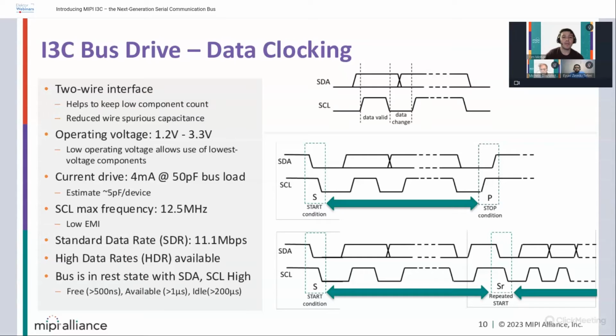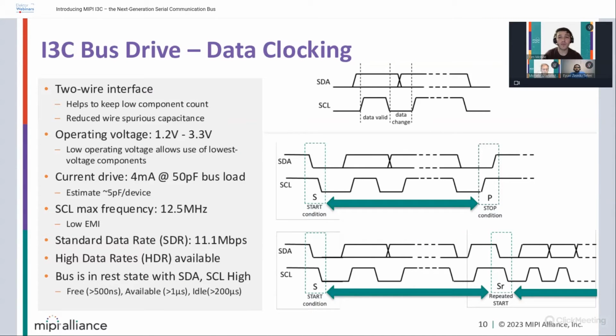And so as you can see on these figures here on the right side of this slide, the communication style for I3C is well defined. We have start conditions and stop conditions, as well as a repeated start condition to have continued communication without having to go through that stop, to increase the efficiency.